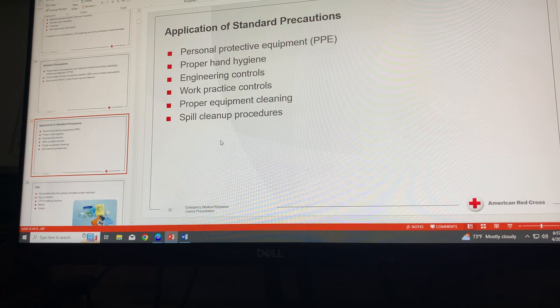Wash your hands and other exposed skin immediately if exposed to contaminants such as blood and OPIM. Always wash your hands after using the restroom, and before and after handling food. Use alcohol-based hand sanitizers when soap and running water are not available, but wash your hands with soap and water as soon as practical.